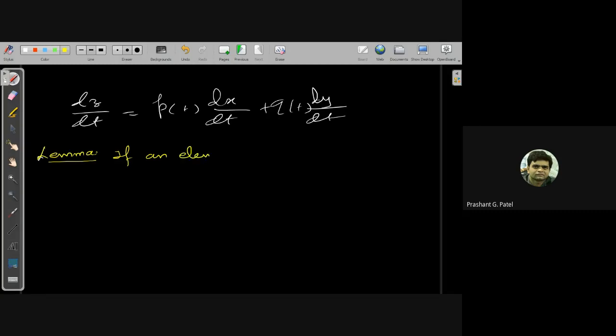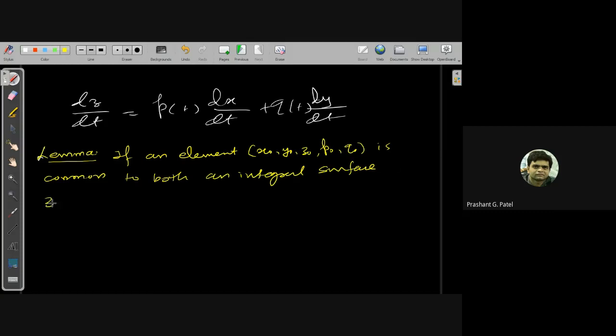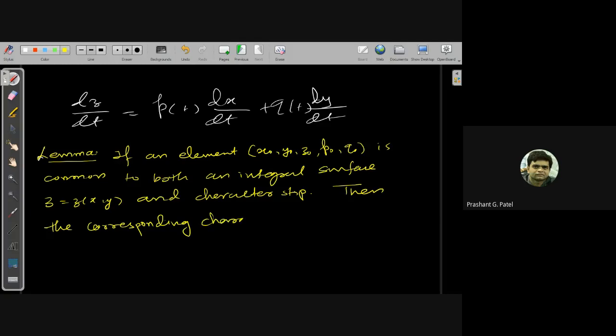If an element x0, y0, z0, p0, q0 is common to both an integral surface z is equal to z of x, y and a characteristic strip, then the corresponding characteristic curve lies on the integral surface.